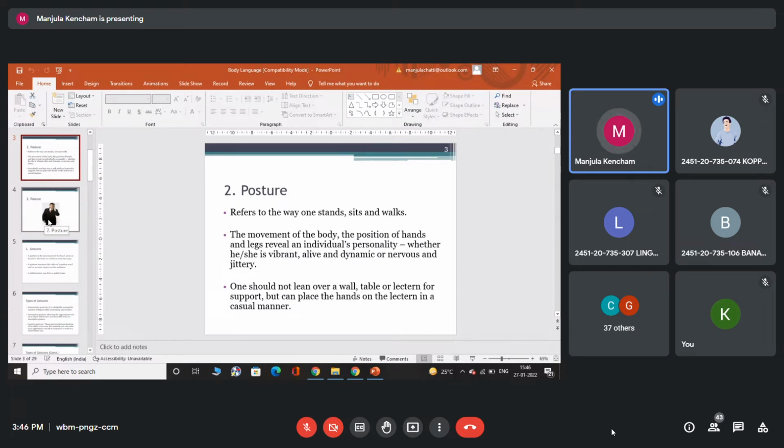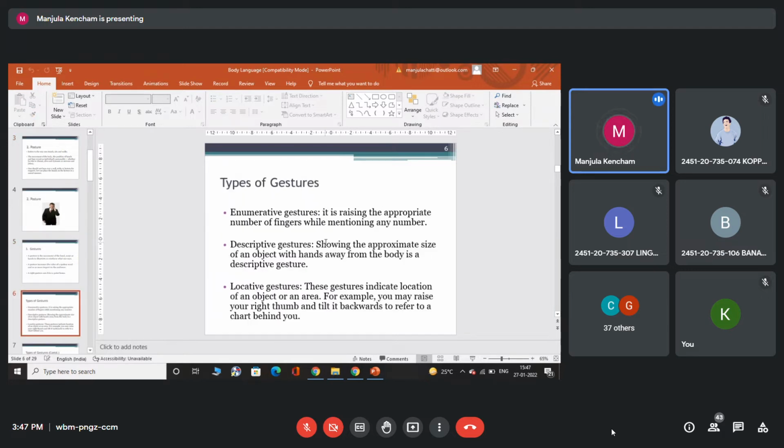Somebody uses gestures, that is the hand movements, not in a jerky manner but in a very composed manner. In fact, an open palm gesture is known to ascertain a person's honesty. So, posture and gesture are a part of it.